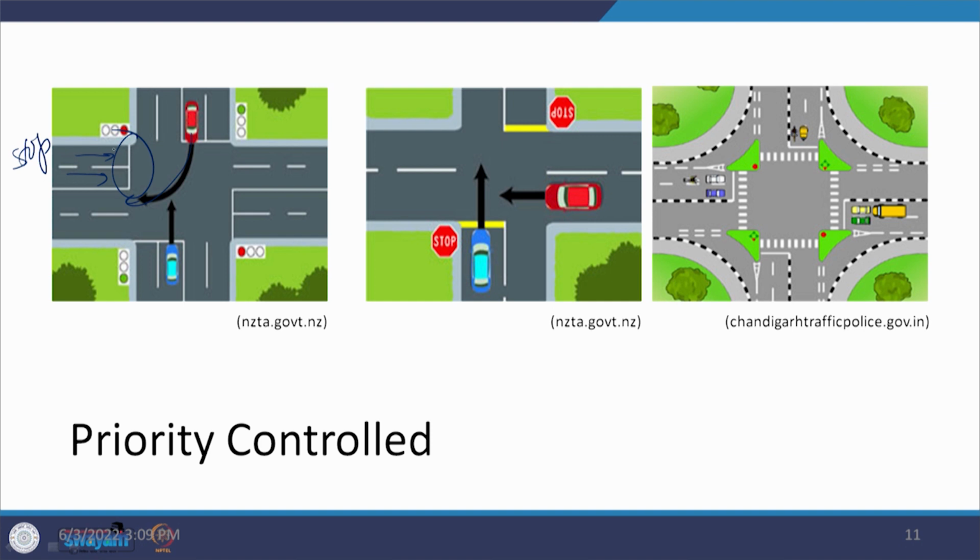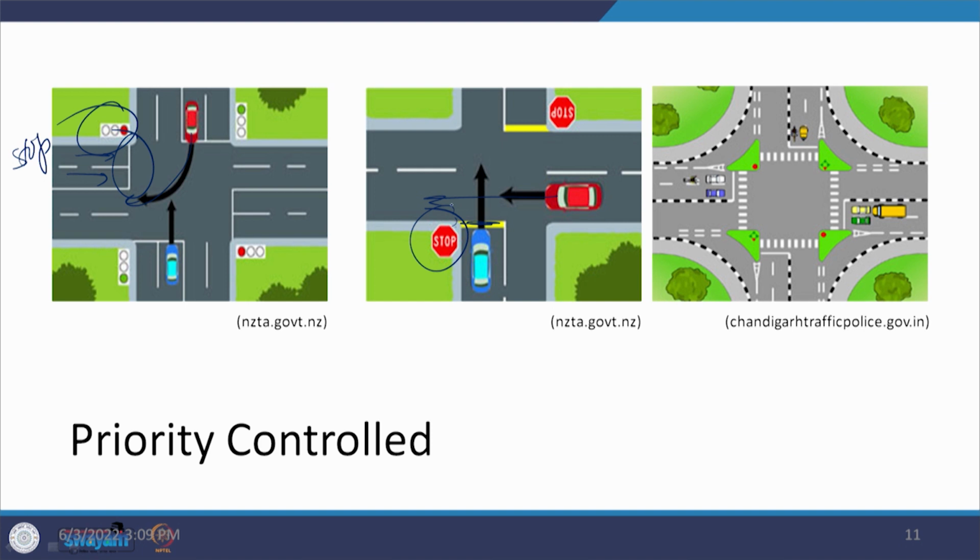So, it can also be assisted with signals being provided, but they may or may not be there. If they are not there, then we can also have road signs. Say if you look here, there is no signal, but a road sign is being provided which says stop at this one, and then there is a vehicle which is going straight like this.